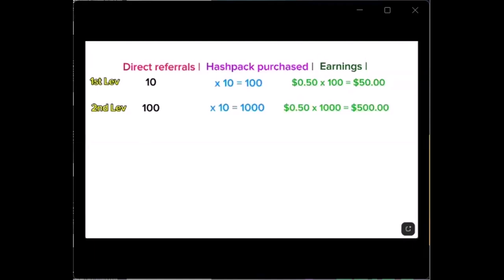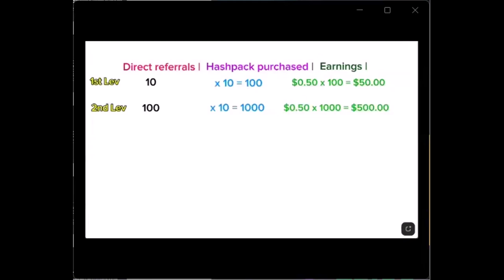All right, let's go even further. If your 10 referrals each bring in 10 people, that is 100 people on your second level. If those 100 new recruits each buy 10 hash packs, that is 1,000 hash packs, producing $500 in commission for you.